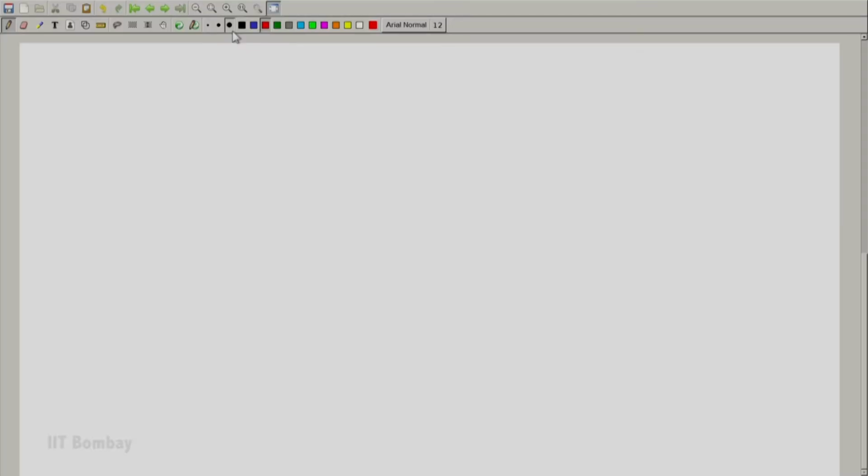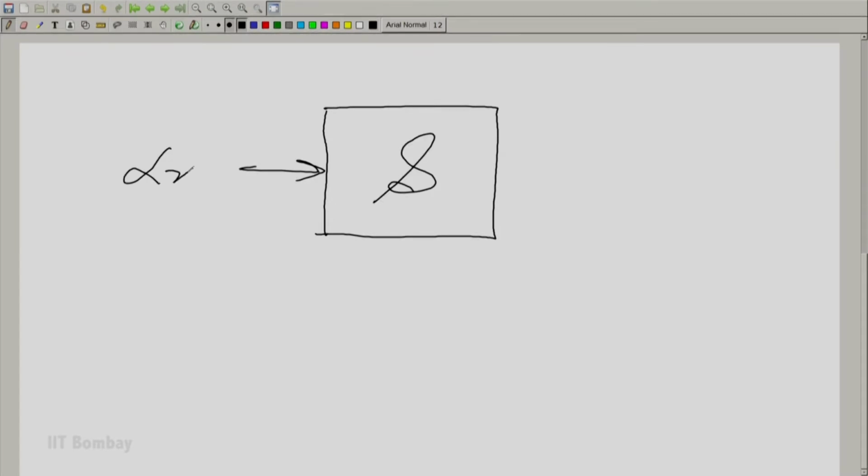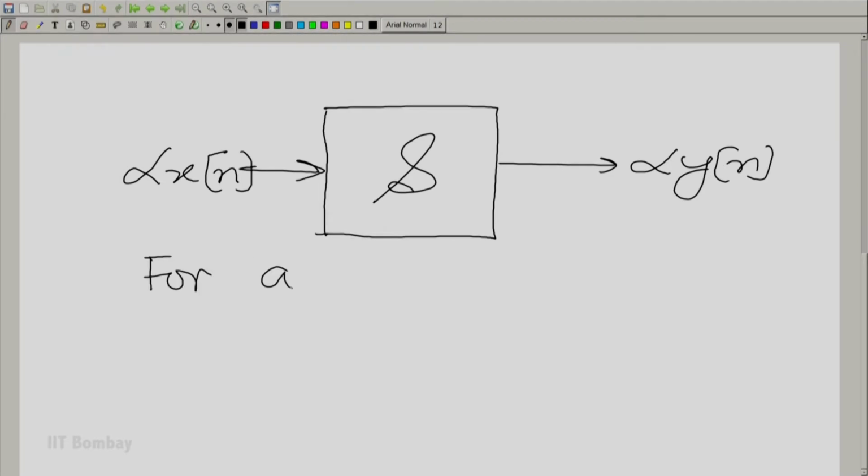Now, remember that we have also allowed complex alpha with good purpose. Well, in case alpha times x of n also produces alpha times y of n, and this happens for all possible alpha.